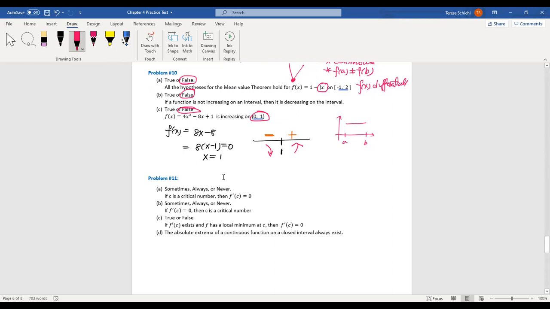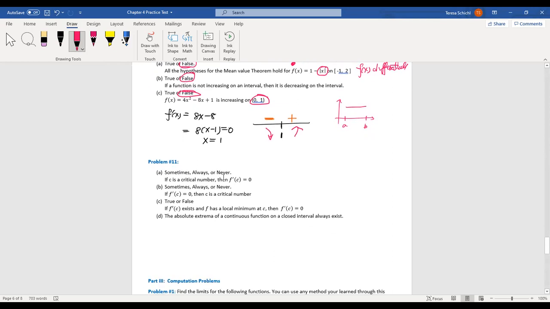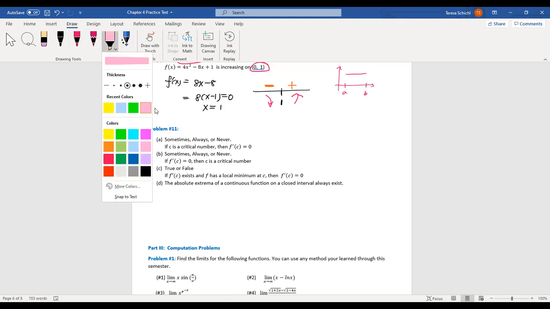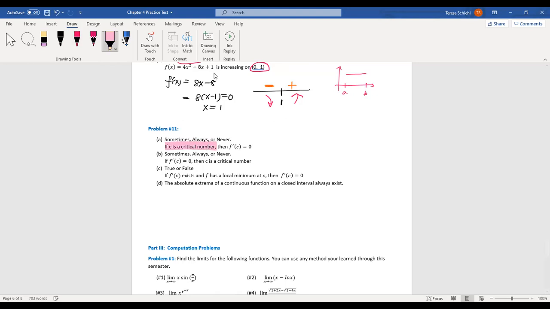Okay, number 11. So this is kind of a good problem, right? So let's take a look. Let's say sometimes, always, never. Be careful, right? So let's say if c is a critical number, then f prime of c has to be equal to 0. Is that true? The answer is sometimes.